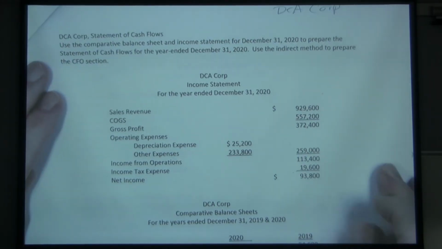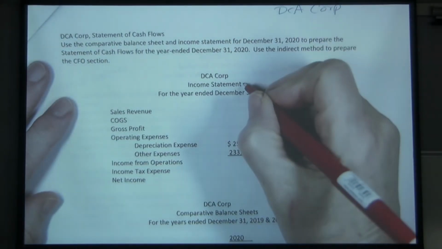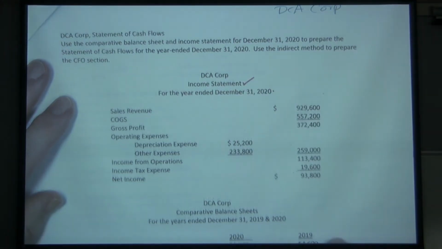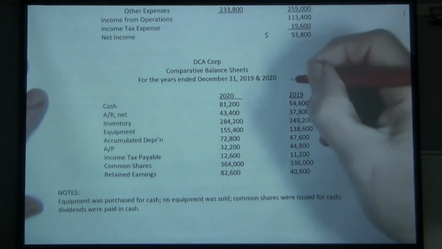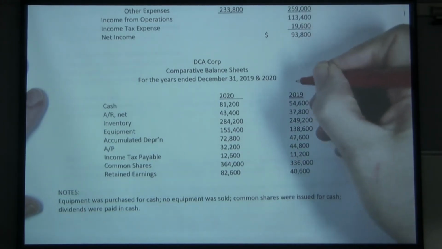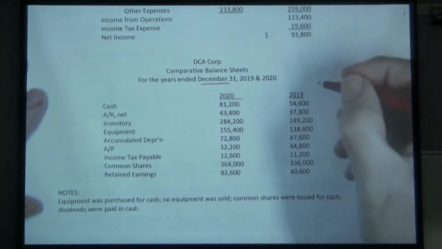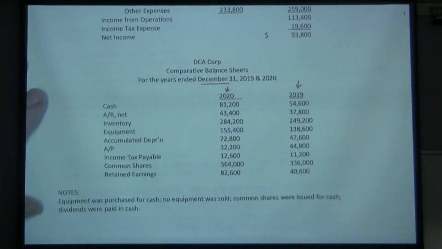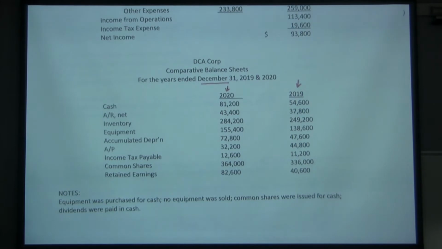Okay, so what we have is our income statement for the end of the year 2020. And we have our comparative balance sheets. Noting carefully, it's for the end of the year, end of 2019, end of 2020. So how do we create our statement of cash flows?